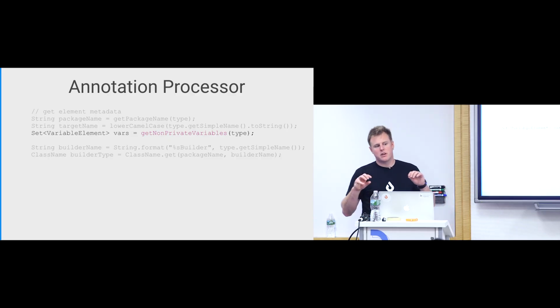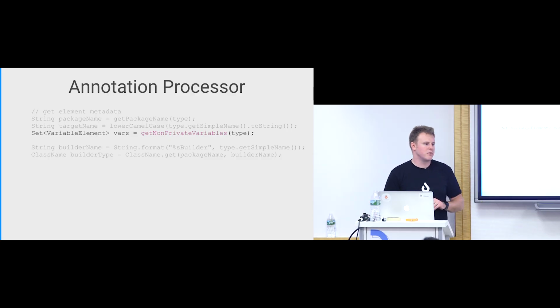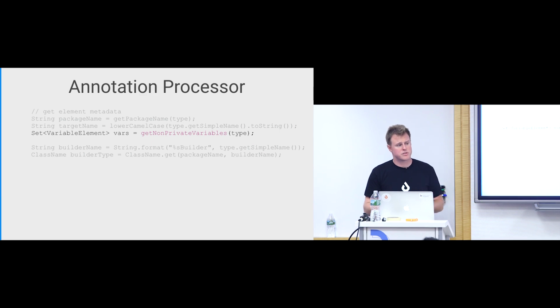So this is one of the implications with this idea that we can only generate new source code, right? This source code isn't special. It doesn't have access to things that it wouldn't otherwise have access to. So in our case, we're sort of hamstrung here, so that this builder can only access the non-private variables, since it's not a subtype of our user class.